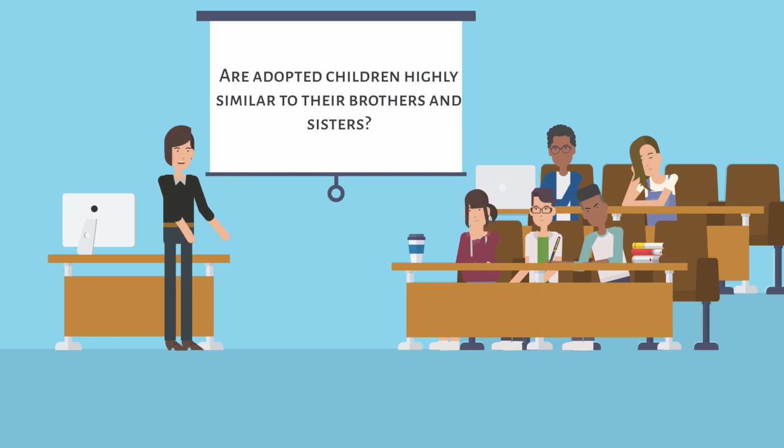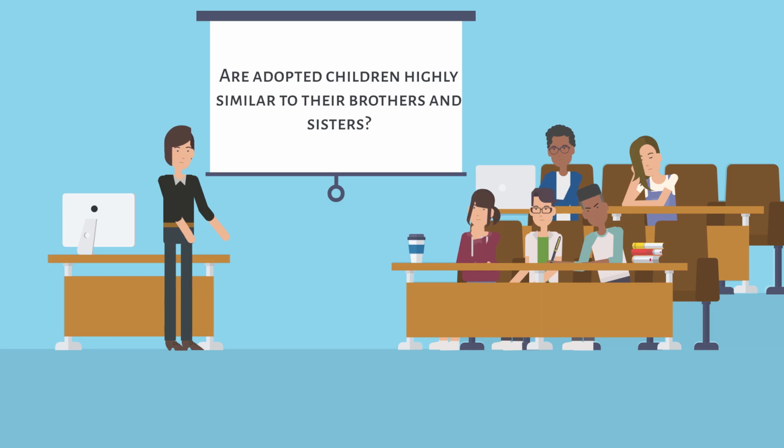Well, similarly, if they turn out to be highly similar to their brothers and sisters, that suggests there's a high role of shared environment. Suppose all of the children in the Bloom family have an IQ of 105 and we adopt children and they grow up and they have an IQ of 105 too. That would suggest that the Bloom family environment is shaping their IQs. On the other hand, if they enter the family and they end up with widely different IQs depending on where they are from, depending on their genes, this would suggest that IQ is shaped more by genes than by the environment.